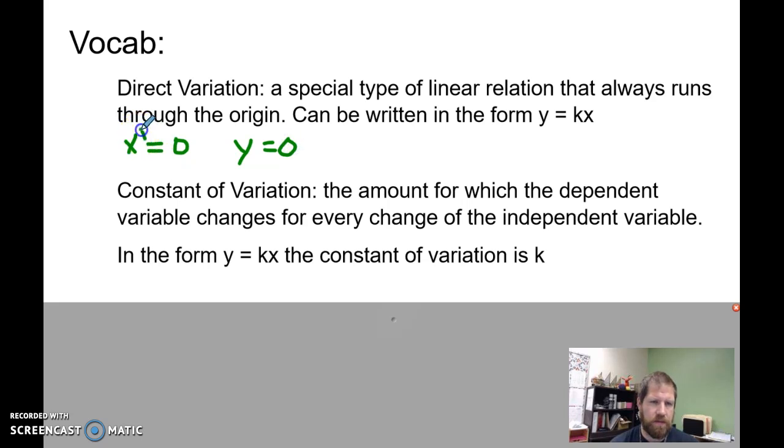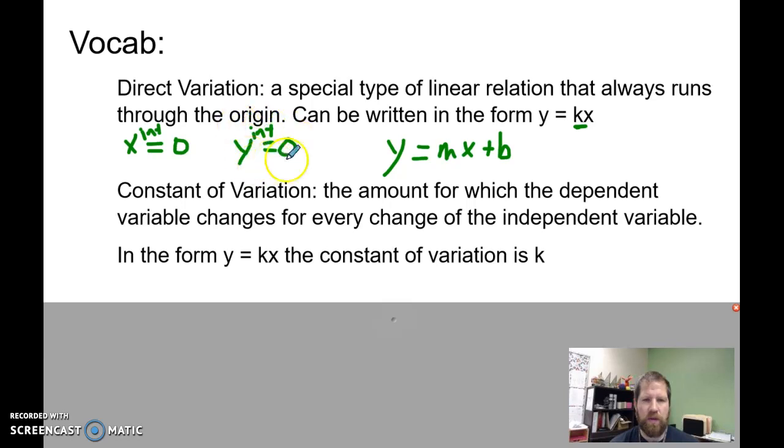Intercept. It can be written in the form y equals kx. Don't ask me why they chose k. If you remember slope-intercept form, y equals mx plus b, where b is the y-intercept.